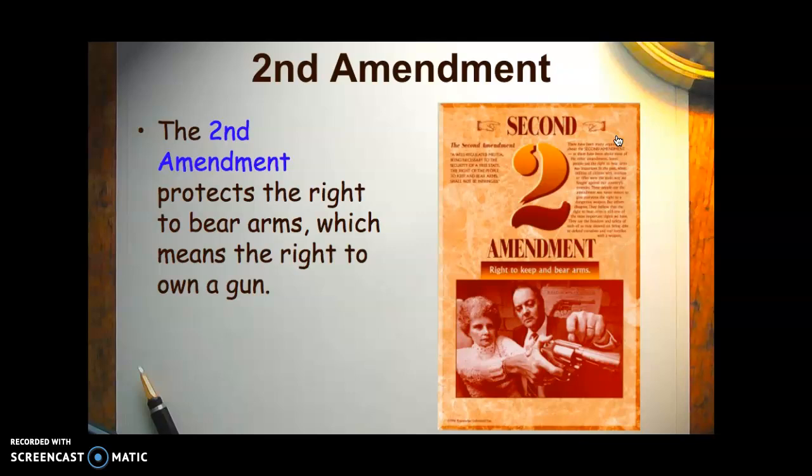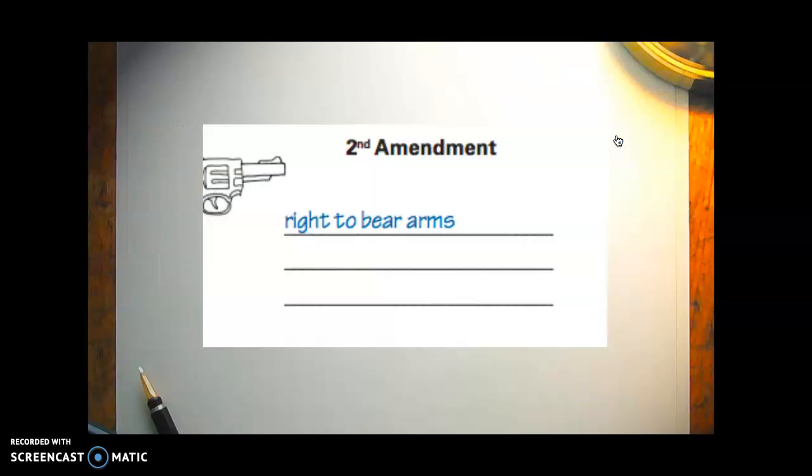The Second Amendment was written for the people to protect themselves against a government that becomes abusive of its powers, not necessarily for people to hurt one another, but to protect themselves against an abusive and authoritarian government. So you would fill that in on your note page as well.